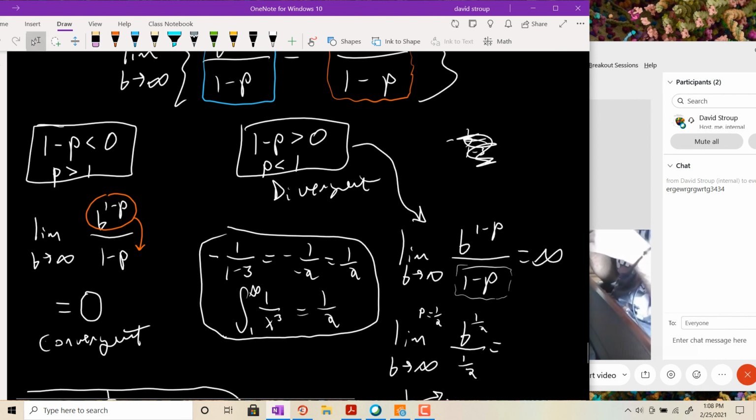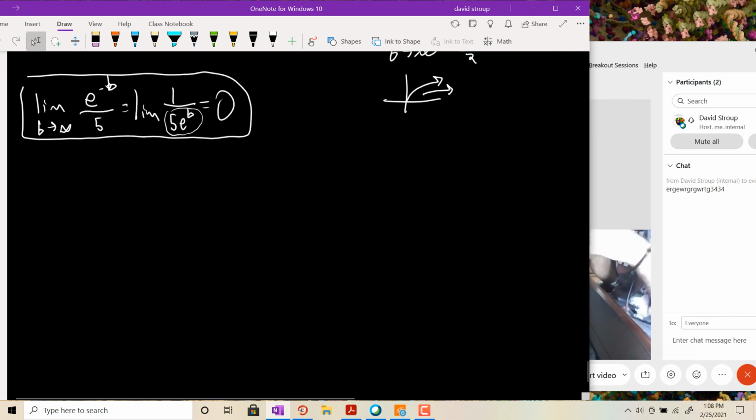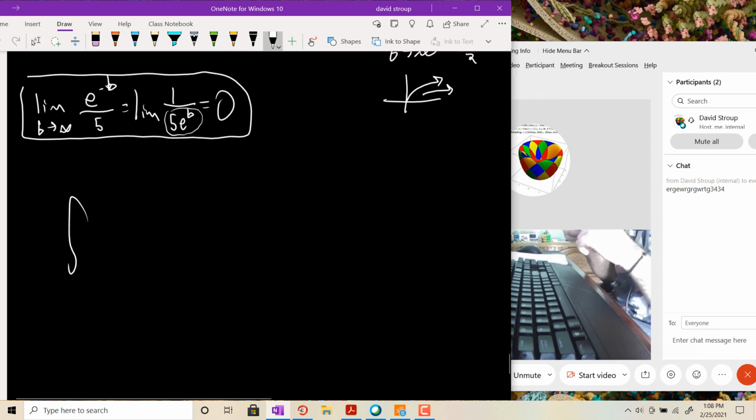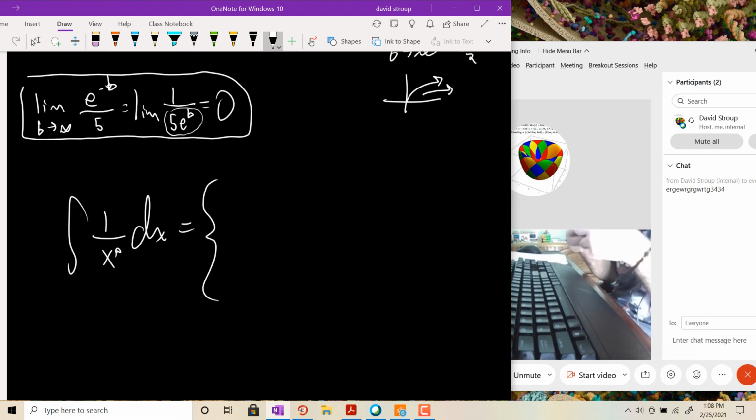So in a nutshell, you can put this all together and say that the integral of 1 all over x to the p dx is equal to negative 1 all over 1 minus p if p is greater than 1.